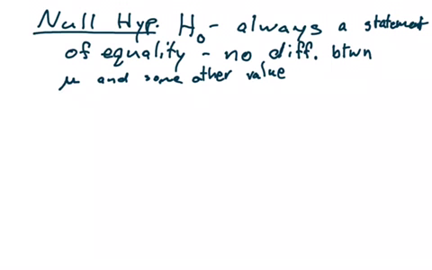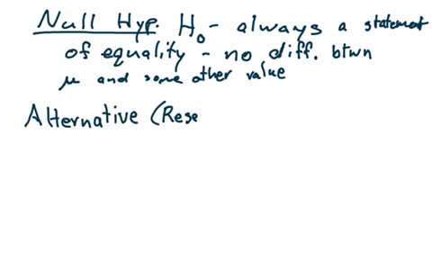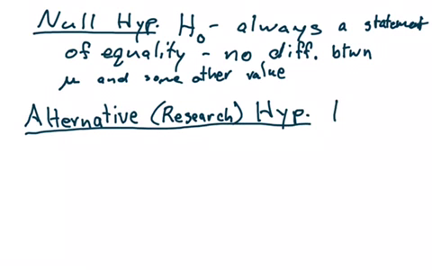All right, the other main hypothesis that we'll be thinking about when we're looking at statistical testing is the alternative, sometimes referred to as the research hypothesis. Alternative, parenthetical name, research hypothesis. And we denote this by H subscript 1.